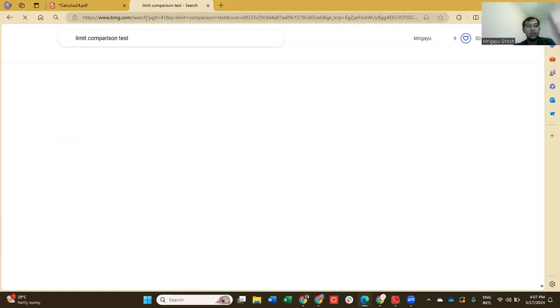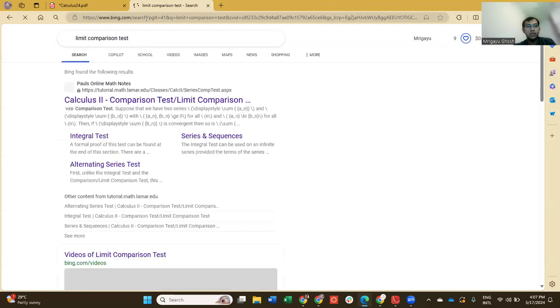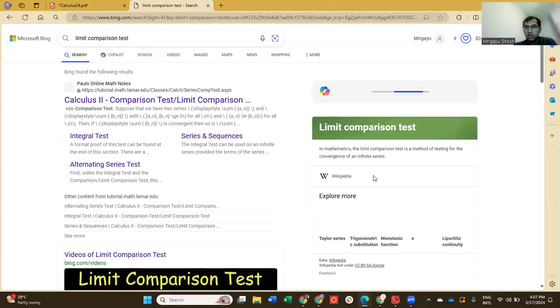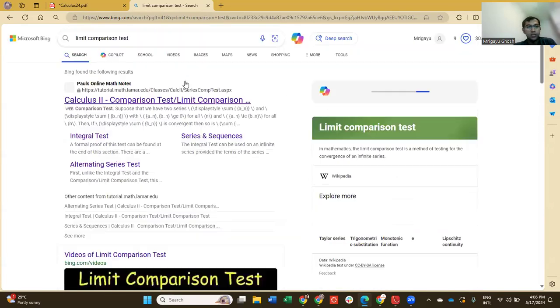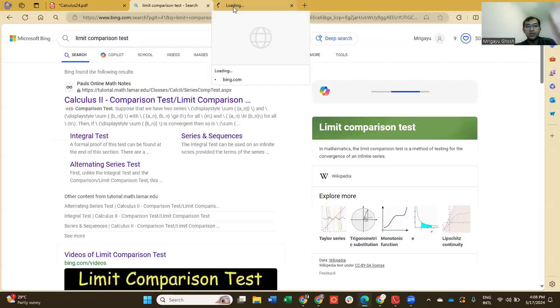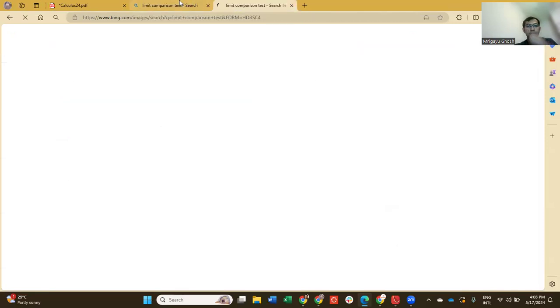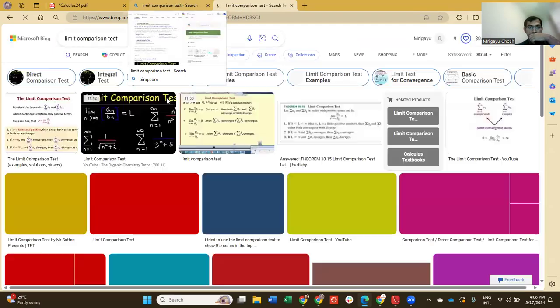Okay. Limit comparison test. I just need the results. I'll go to images. Hopefully that'll pull something up. I apologize for my computer being extremely slow. Okay.